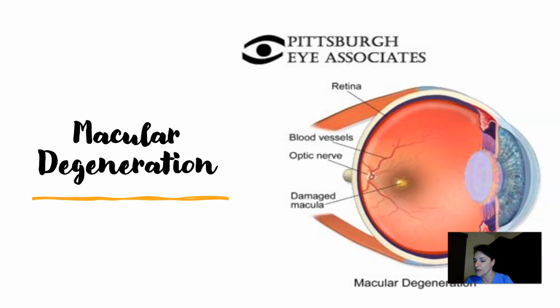In the early stages there are no visible symptoms, but as it progresses, that central vision is what is actually impaired, so the blurry and wavy vision that they'll describe. The health of the retina is what pays the price of this disease.